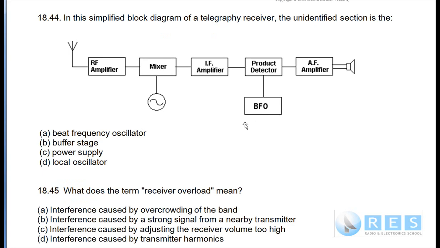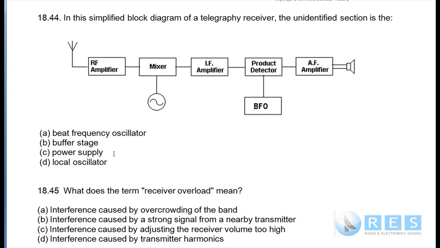1844, in this simplified block diagram of a telegraphy receiver, it's also an SSB receiver, the unidentified section, I'm looking for an unidentified, oh, there's the unidentified section. It's the local oscillator. The sine wave on the symbol tells you that is an oscillator.